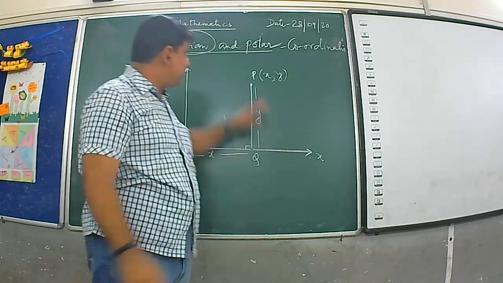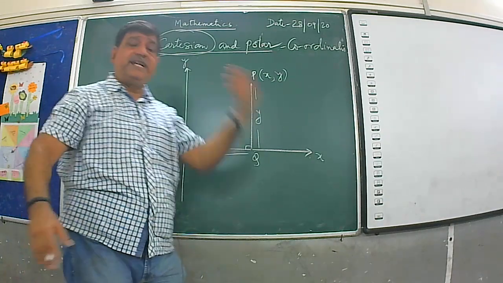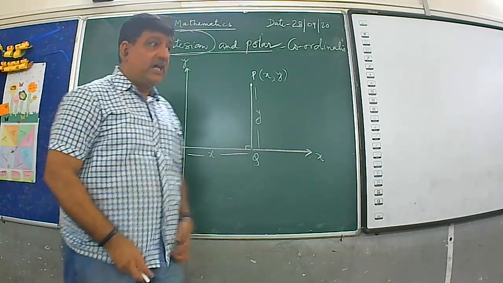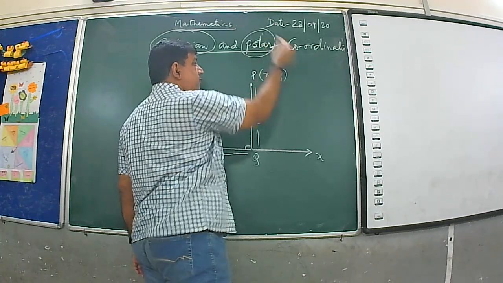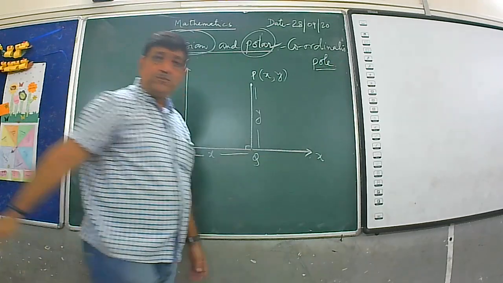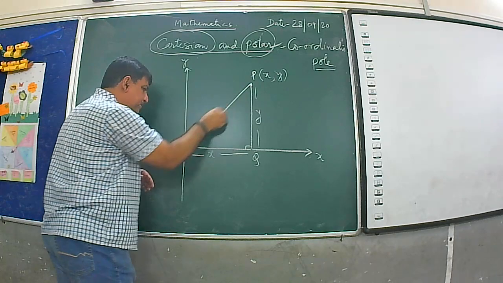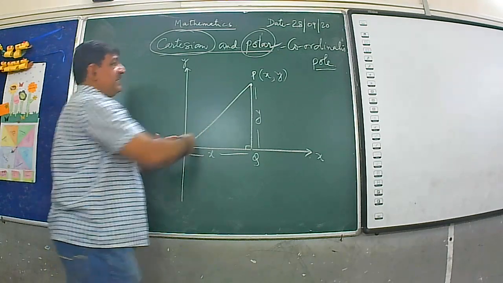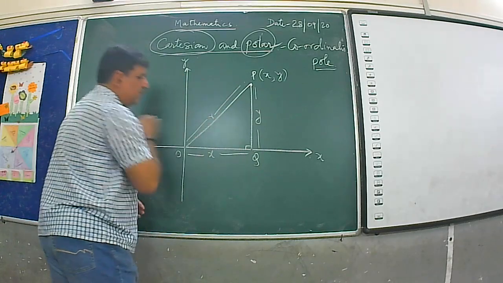Now, to reach this point, we may have one more technique. This word polar is derived from the word pole. Say there is a pole OP of a particular length, say r. This is the length of pole.